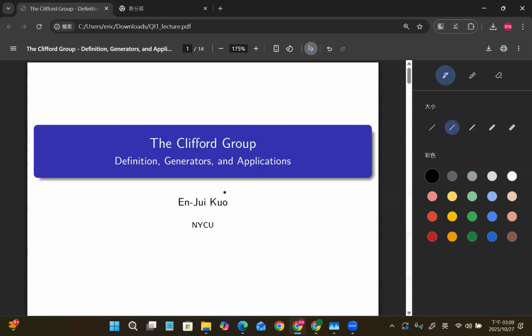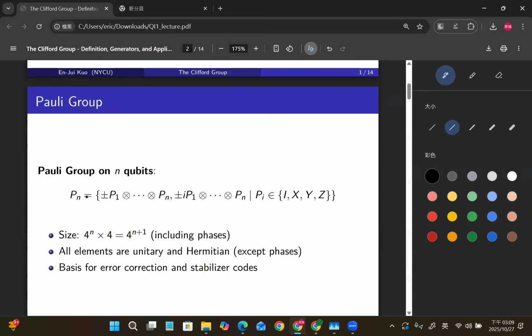But in order to do this, we need to give some more math. We define an interesting object called the Pauli group. The Pauli group on n qubits is basically the tensor product of Paulis with a plus or minus 1 or plus or minus i phase in front. Each Pauli is either Pauli X, Pauli Y, Pauli Z, or identity.